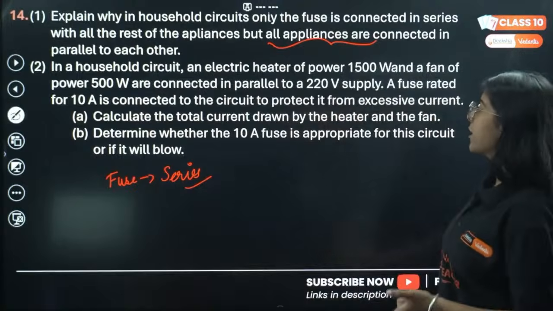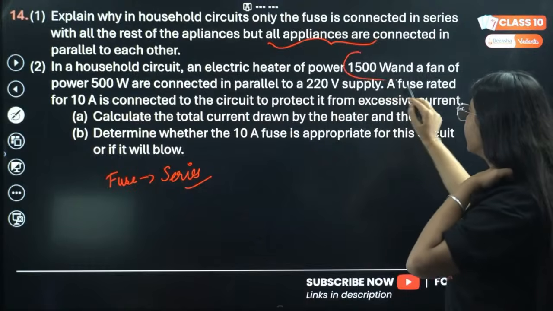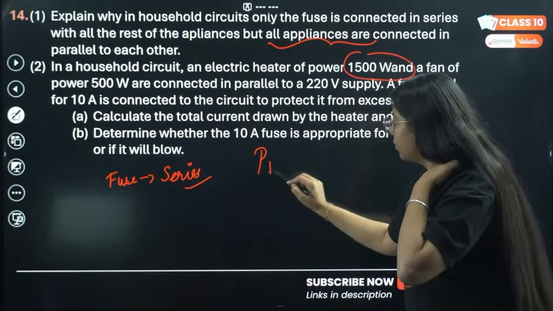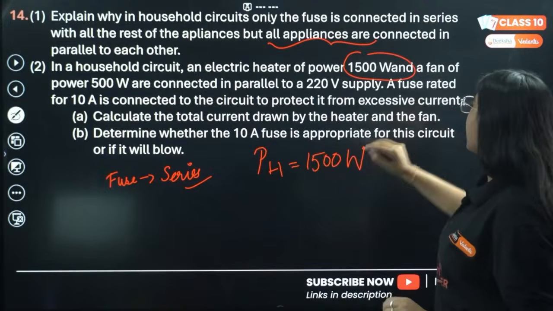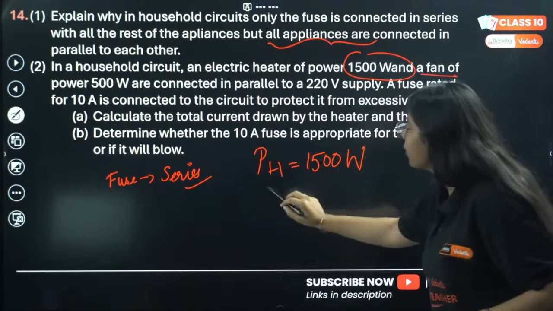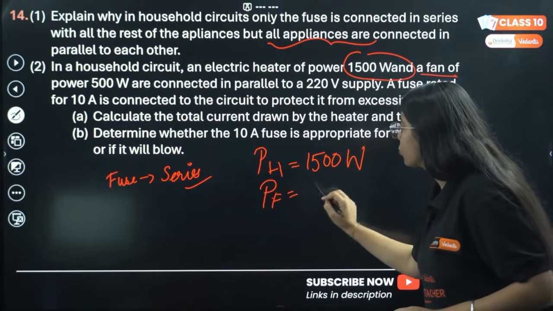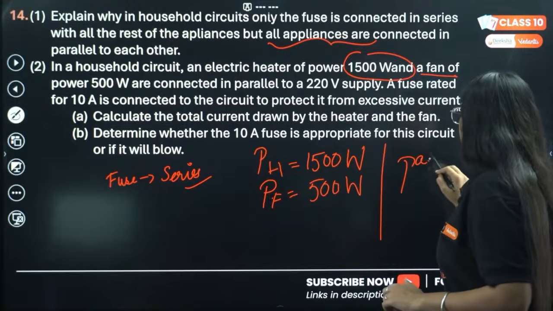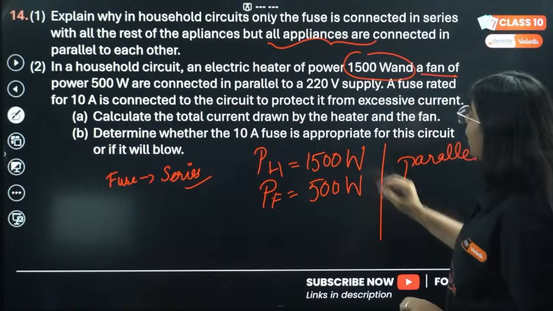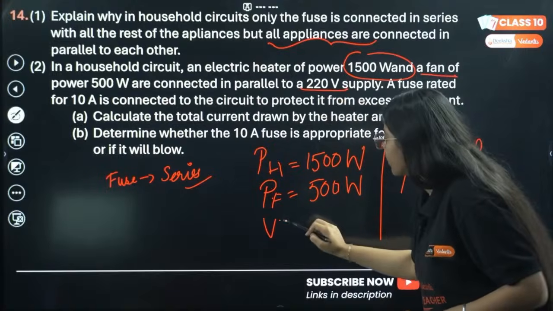In a household circuit, an electric heater of power 1500 watt and a fan of power 500 watt are connected in parallel to a 220 volt supply.